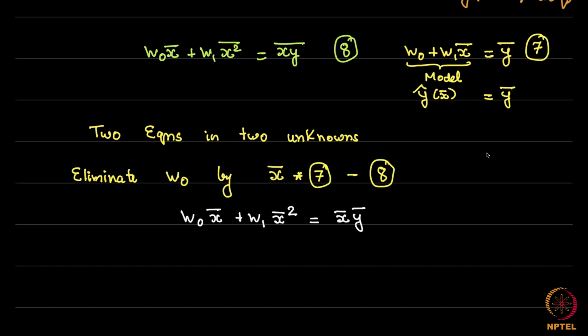This is the right hand side. And now you subtract out this equation's terms, which are W0 x bar plus W1 x square bar. So this is where the distinction between x bar square and x square bar becomes important. On the right hand side, you subtract out xy bar.